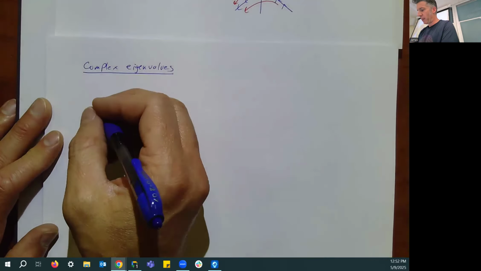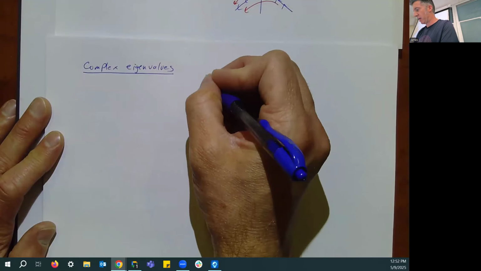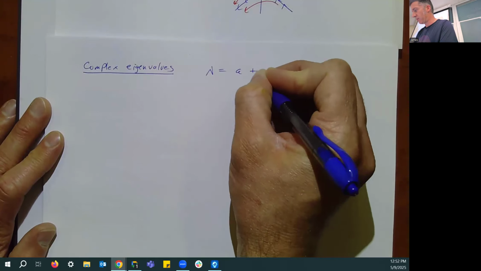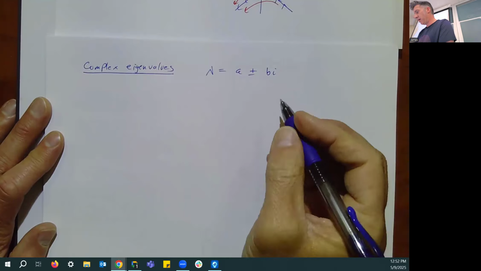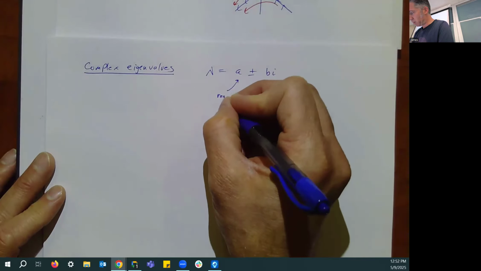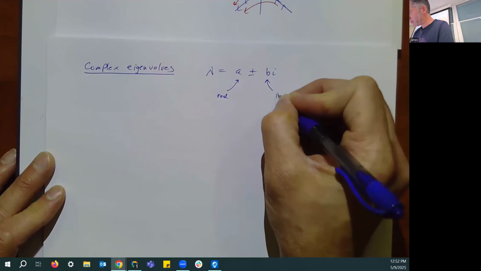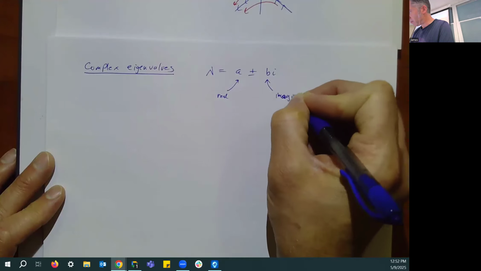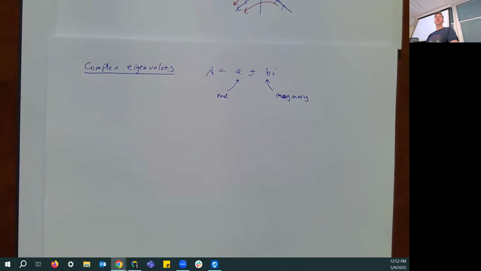So if your eigenvalue is complex, we're going to say that lambda is equal to A plus or minus BI. A is the real part. B is the imaginary part. And all of the classifications are totally based on the value of the real part.